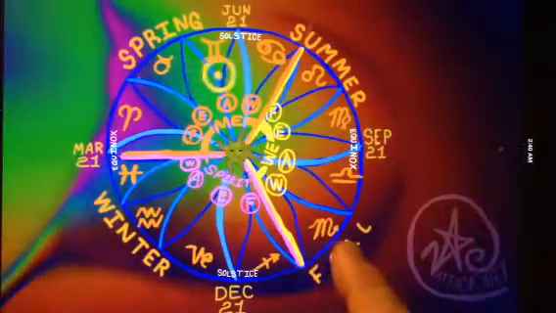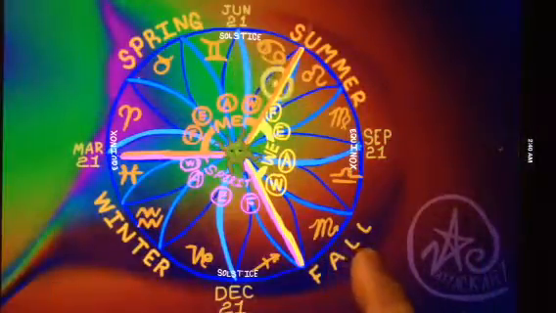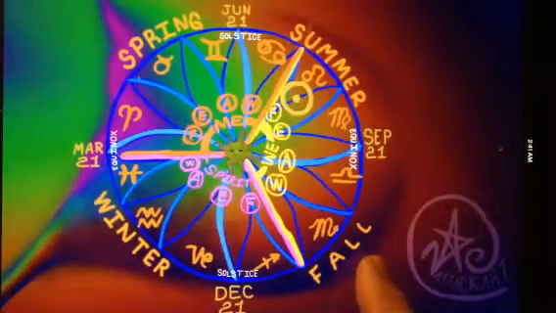From April 21st to May 21st is Taurus, and so on. You can see we have June 21st to July 21st would be Cancer, and then Leo would be July 21st to August 21st, when your sun was in Leo. So all the way around here you can see the different months of the year, 12 months of the year, and the 12 hours of the day.